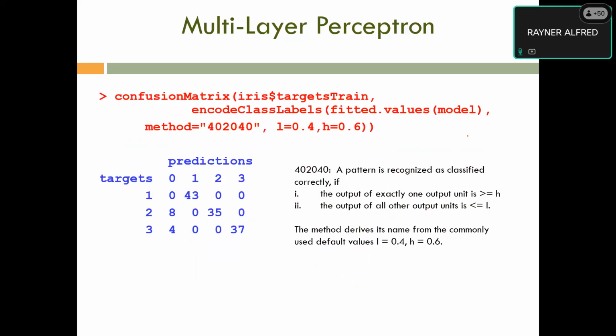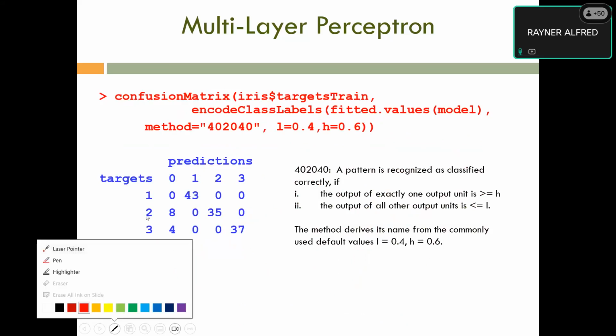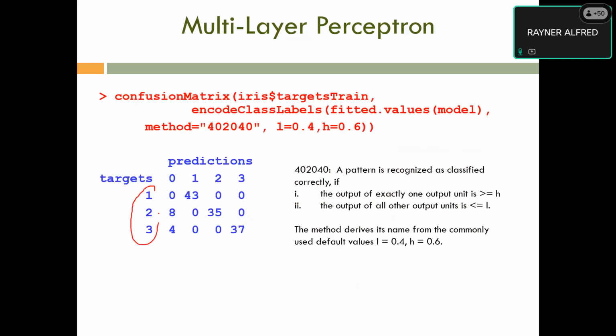This is the last one. So we are looking at the model itself. This is our target, and this is our prediction here. This is the error that we have, and we use this symbol here.